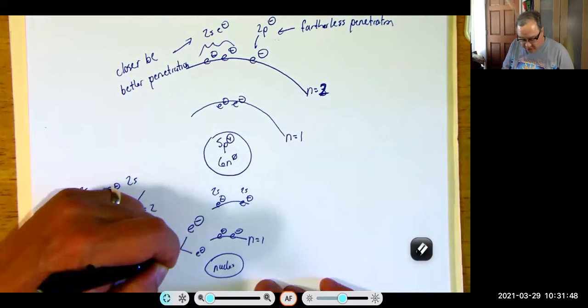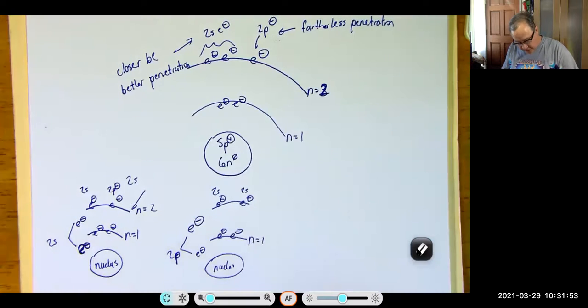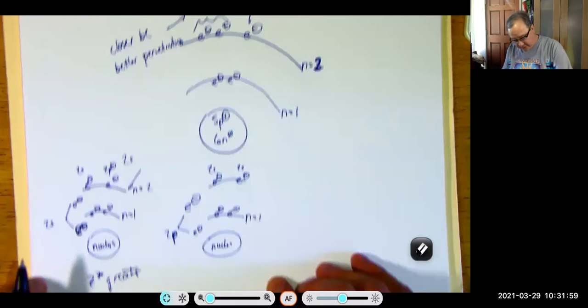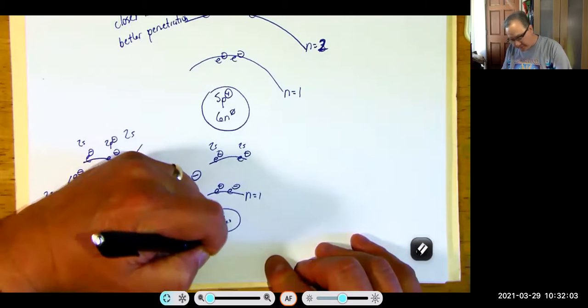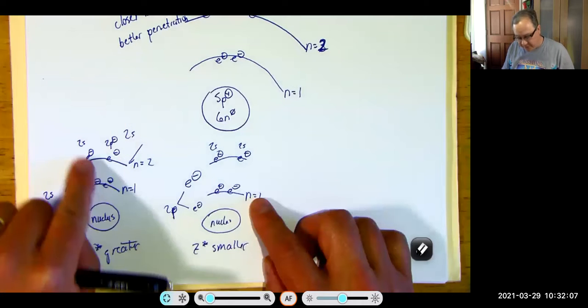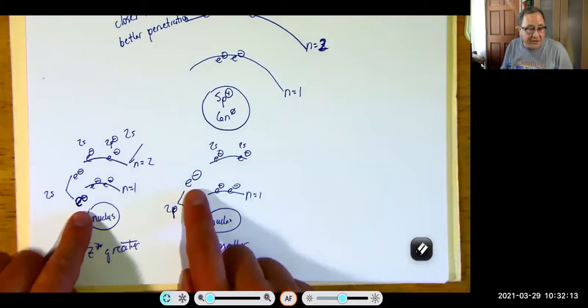Notice here I made the electron a little larger, farther away from the nucleus. So here, Z star is going to be greater. And here, Z star will be smaller. Simply because the 2s can penetrate better than the 2p. And the size of the electron tells you how well it penetrates, okay?